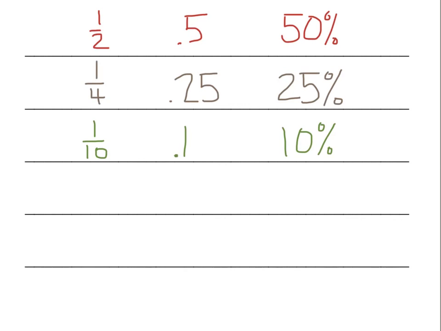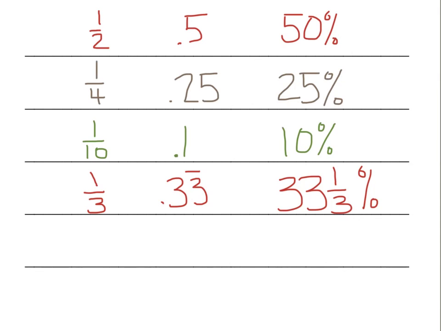Now, some of the ones that are a little bit harder to know, but you just want to memorize them so you don't actually have to do the division out, is 1/3, which is 0.3, and actually we would say 0.33 repeating. We'll talk about that when we're together. But then your percent is 33 1/3%.